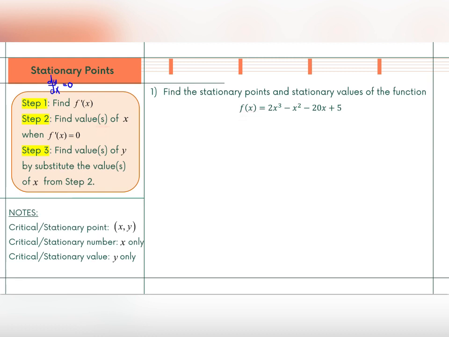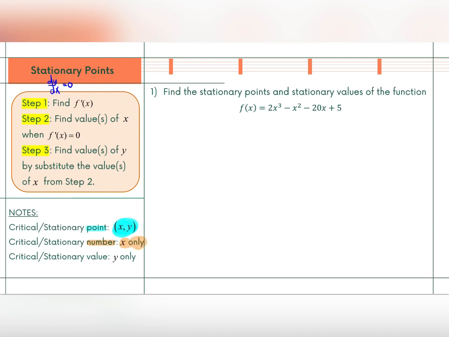Okay, note that here, kalau soalan minta critical ataupun stationary point, kalau dia minta jawapan in terms of point, kita kena bagi jawapan in terms of coordinate seperti ini. Okay, jawapan mesti dalam coordinate form. Kalau soalan hanya minta critical ataupun stationary number, number adalah value of x sahaja, x only.